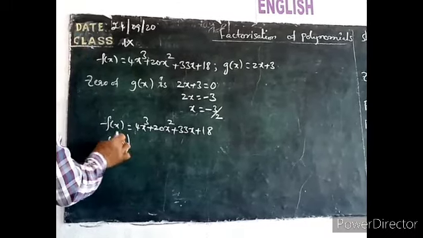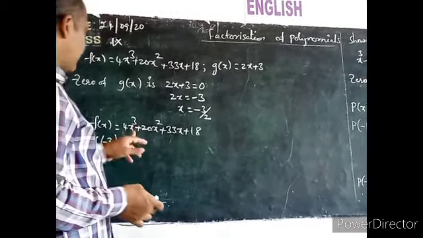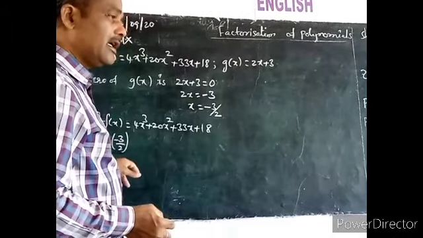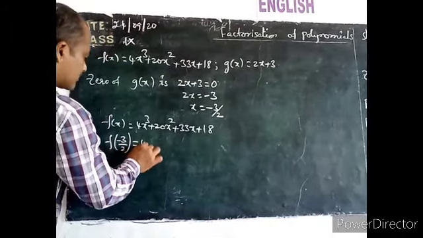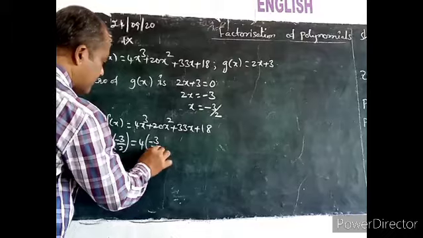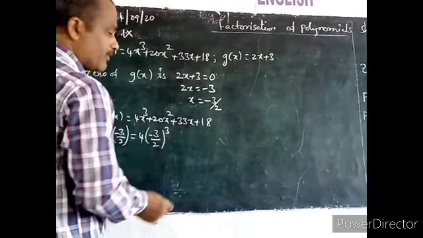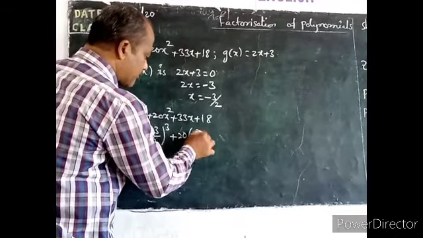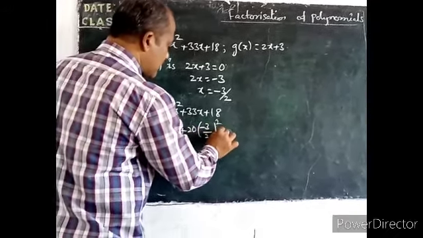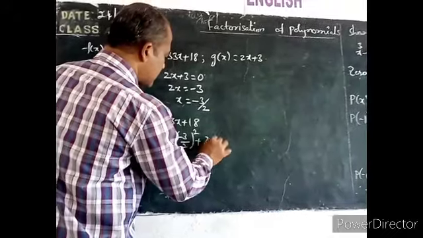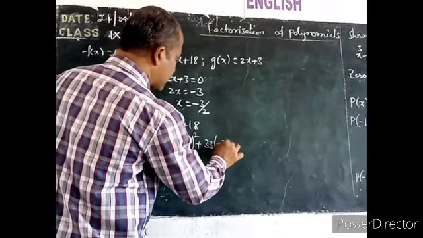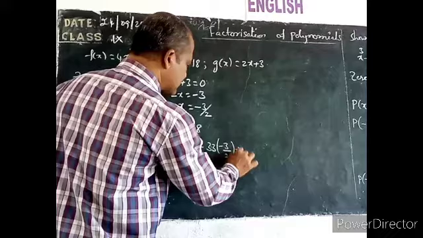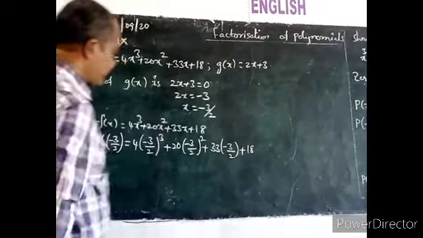In place of x we should substitute minus 3 by 2. 4 into minus 3 by 2 whole cube plus 20 into minus 3 by 2 whole square plus 33 into minus 3 by 2 plus 18.